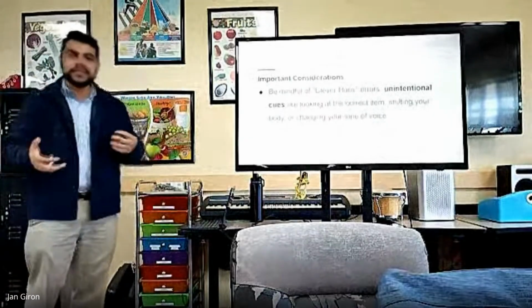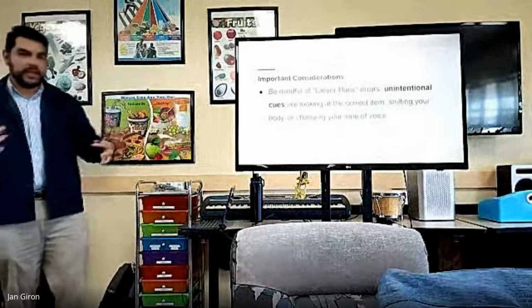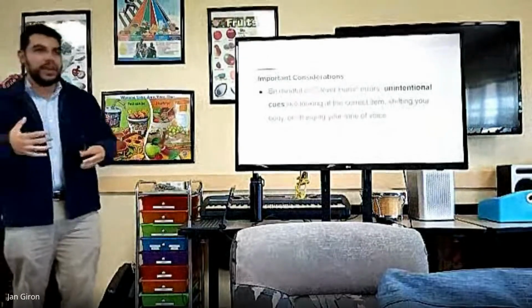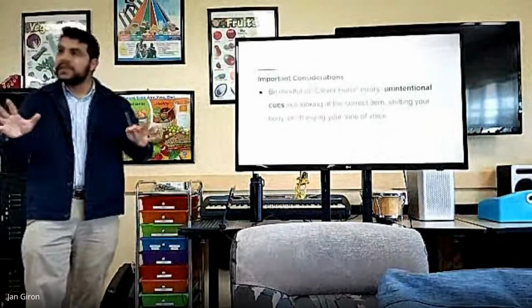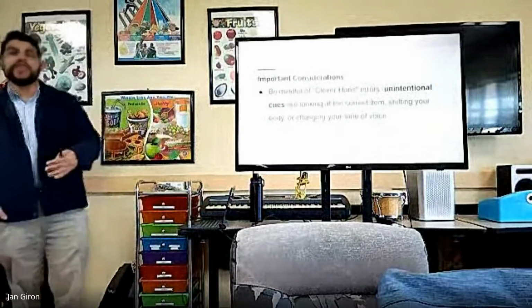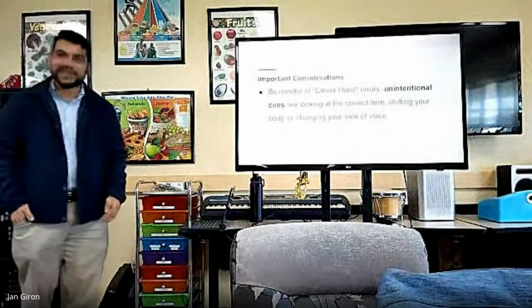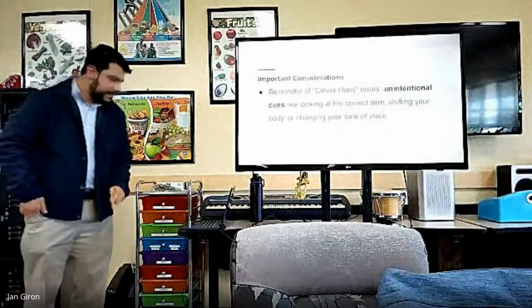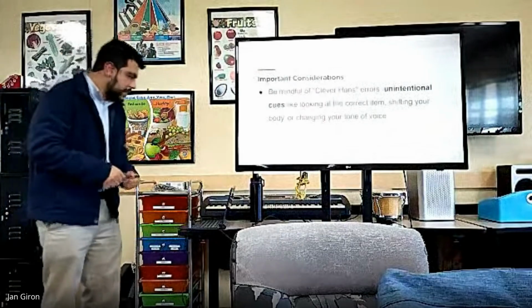So we can unintentionally add these prompts, these small little cues, to tell the individual when to stop. And if we do that, well, they're not really learning the skill now, are they? They're just learning to pay attention to our inadvertent prompts. So that is something else we want to consider.